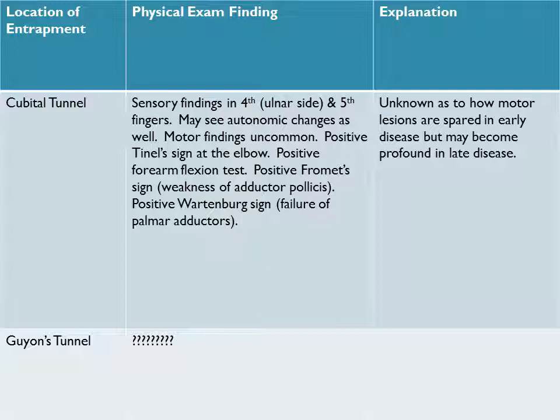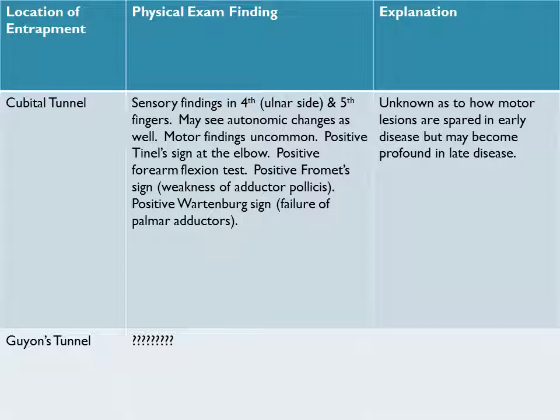With lesions in the Tunnel of Guyon, we're going to see more findings down into the wrist and hand. Specifically, we're going to find weakness of the dorsal and palmar interossei muscles.